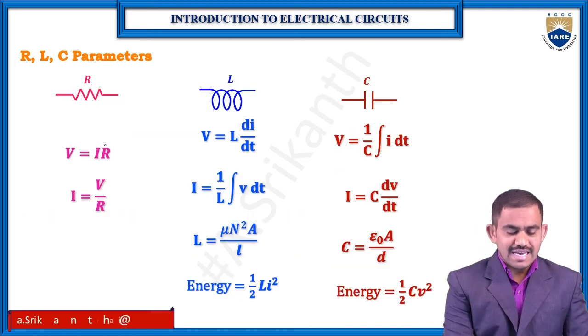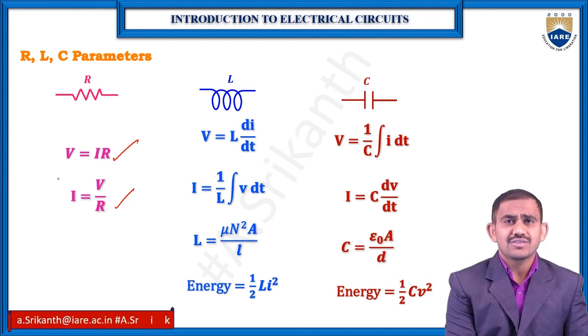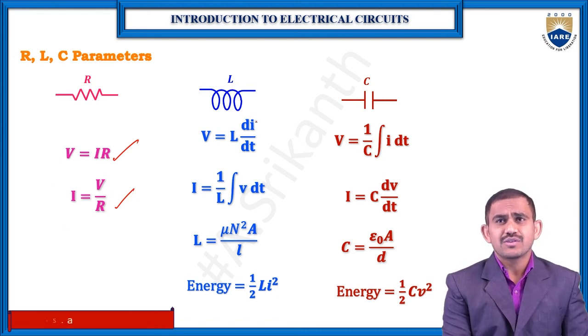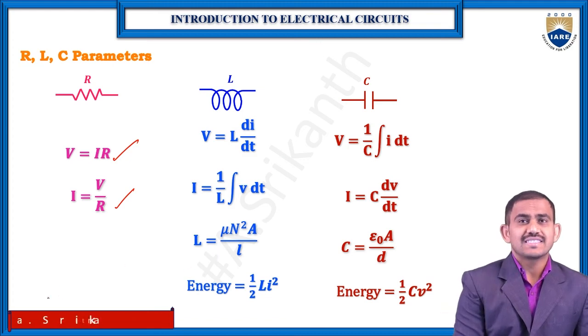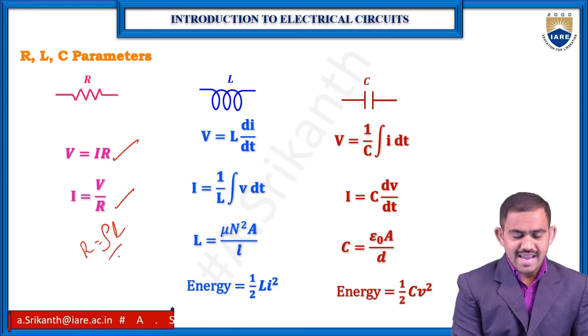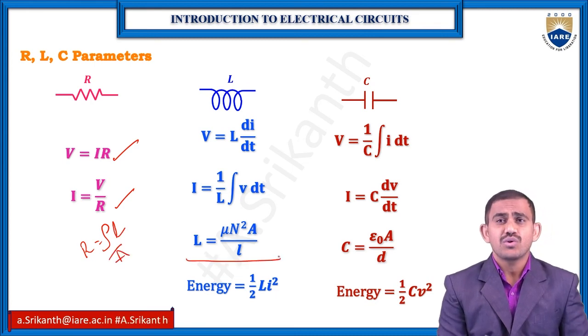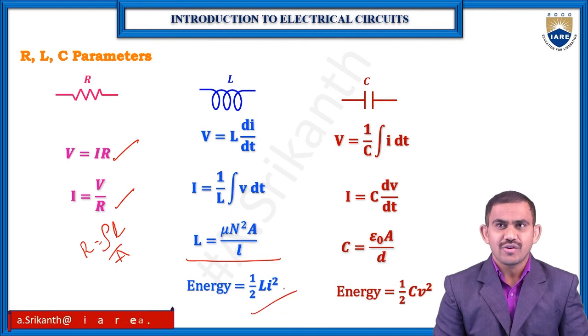For the resistor, the voltage and current relationship is V equal to I into R, I equal to V by R. For the inductor, V equal to L di by dt and I equal to 1 by L integral V dt, and for resistance R equal to rho L by A, inductance value is mu N square A by L and energy is 1 by 2 L i square.